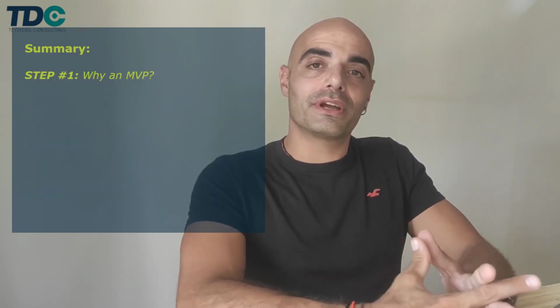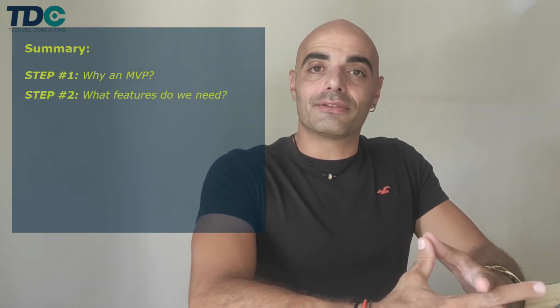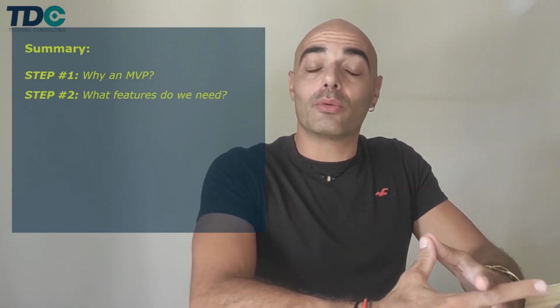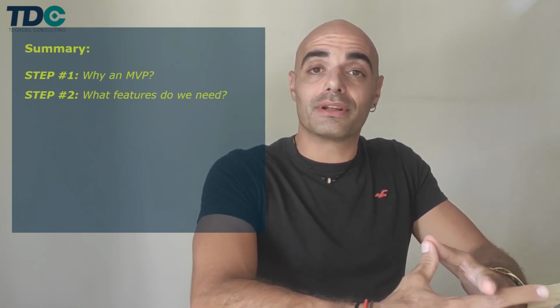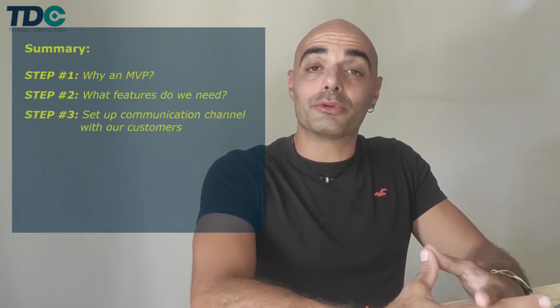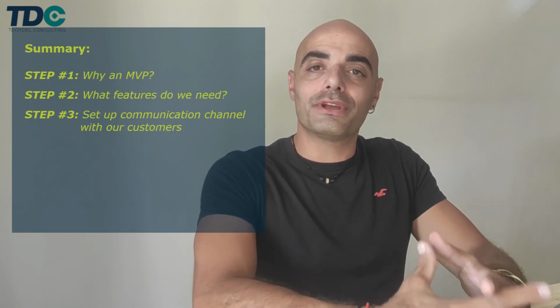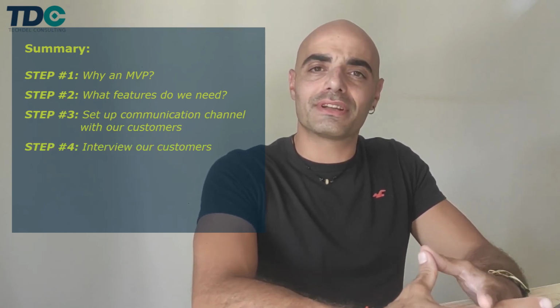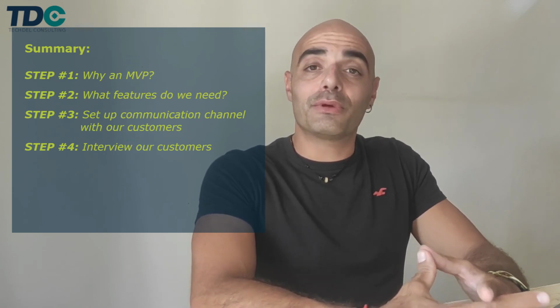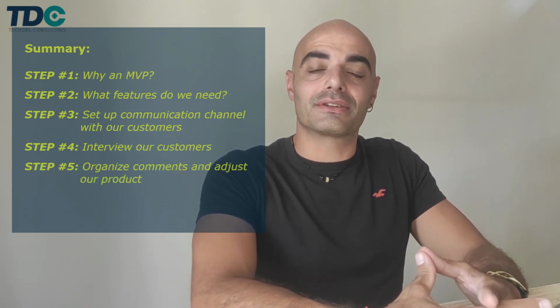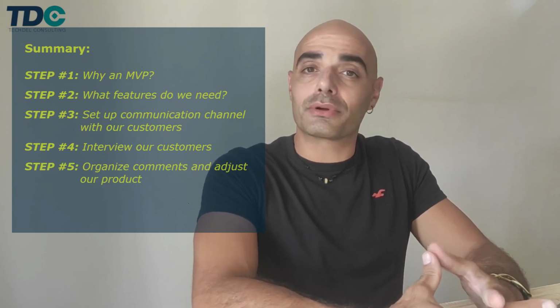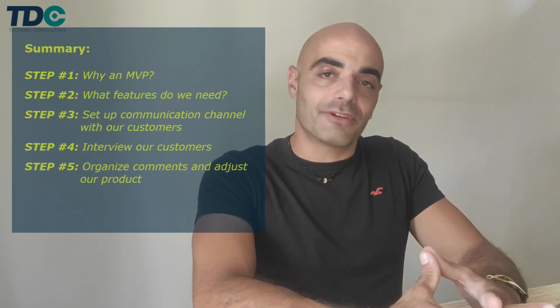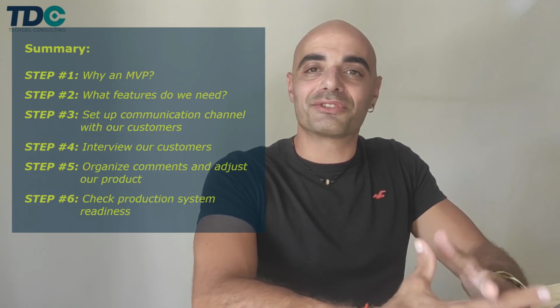So before investing even more money to manufacture, distribute and market our product, we have to make sure that we know why we are building our MVP, we have a list of features that we want to implement and we know when these features are going to be ready in our development process, we have set up a communication channel with our customers and we are ready to interview them to understand the weaknesses of our project. Then we are ready to use this information to adjust our targets and our project to make it more robust. And finally, we have to check our production system's readiness.